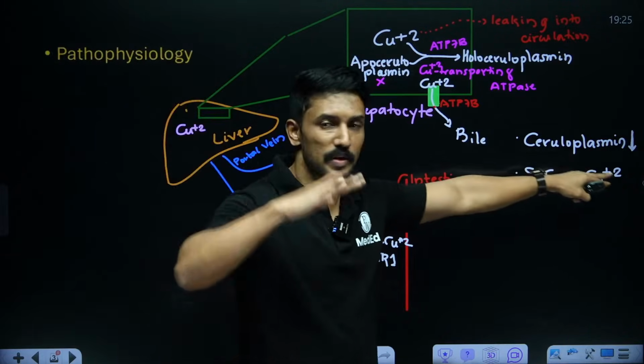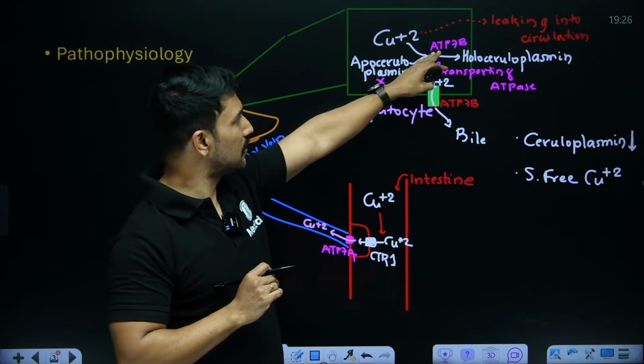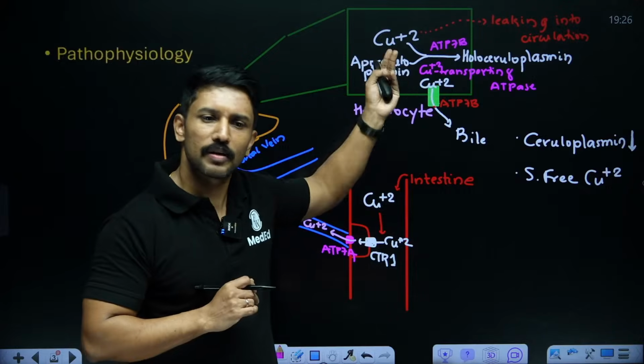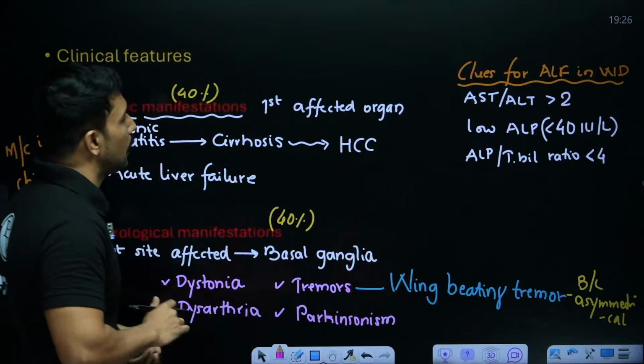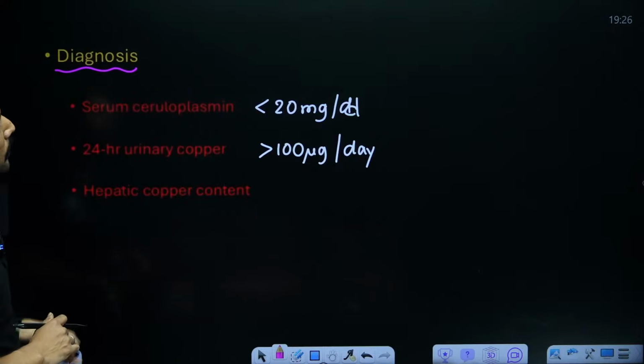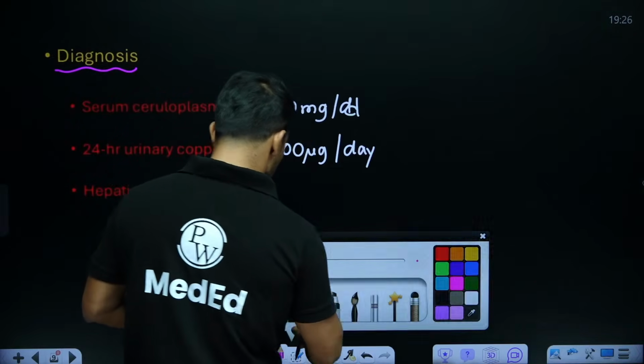That's why the ceruloplasmin level goes down. And for binding with copper, it needs ATP7B activity. If that is not there, it won't be bound by copper, and unbound gets destroyed. Simple. So we will have a low serum ceruloplasmin level. Normal is 18 to 35 milligrams per deciliter.